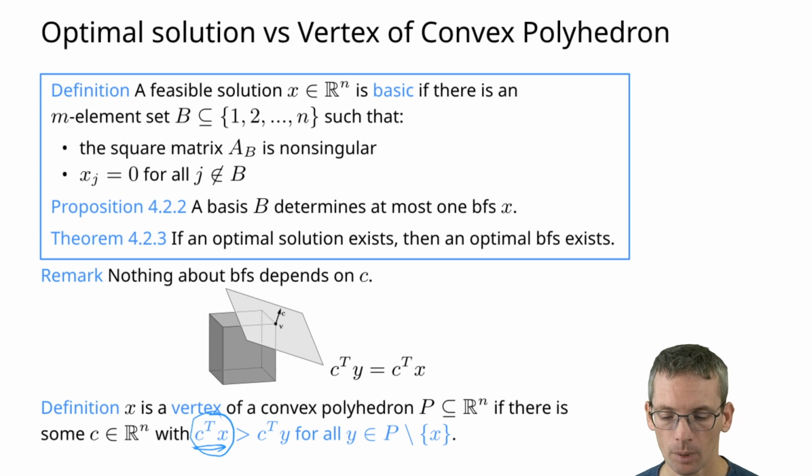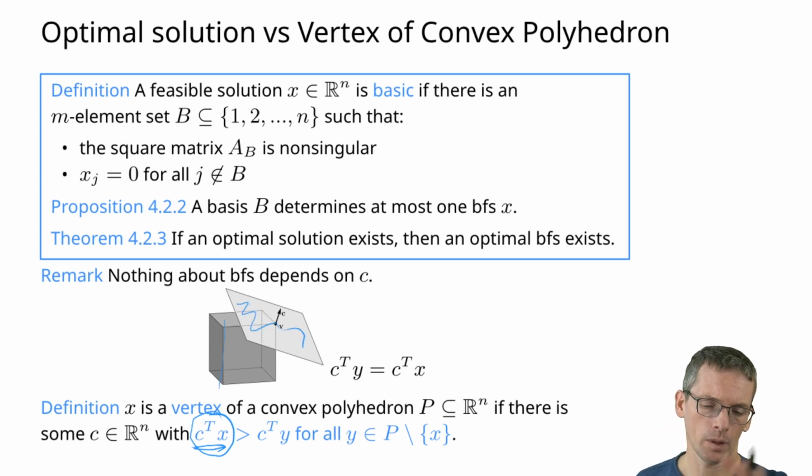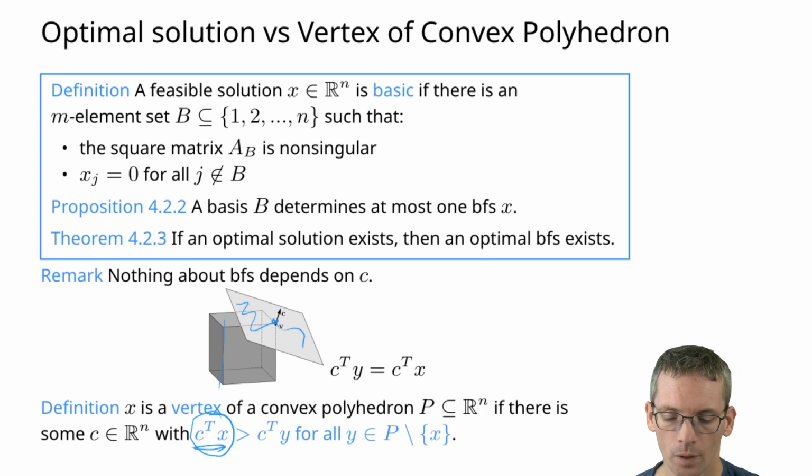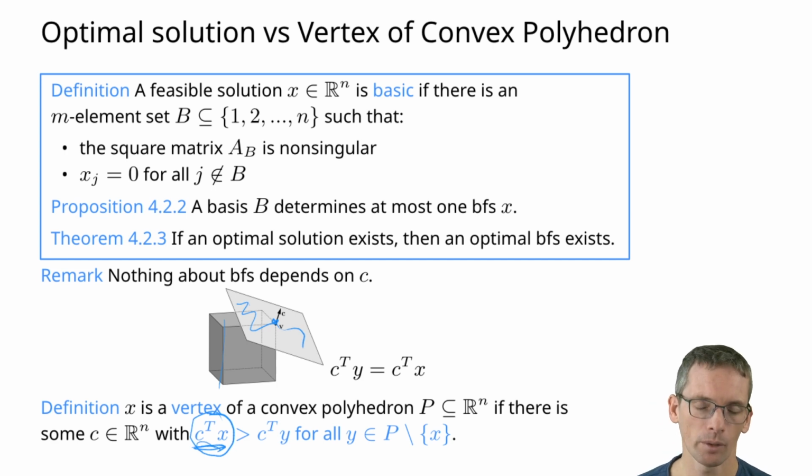And in this example here, if we have this cube here, you see this plane, so the C orthogonal to that plane, but the plane demonstrates that this corner here V is a unique optimum in relation to this objective function, or in relation to this linear equation.